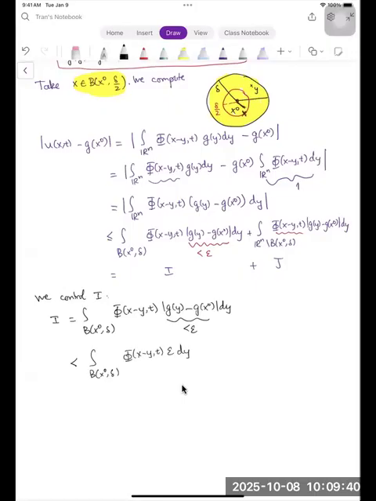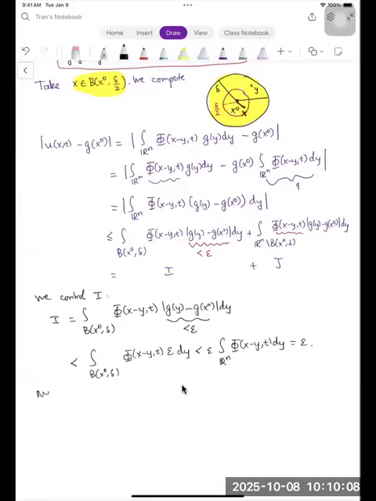And epsilon is a constant I put out, so this is less than epsilon times the integral. I'm going to use the integral on the whole space, because this ball is just part of the space, and this equals epsilon. So you see that the first term is already less than epsilon, and it will go to zero when we let epsilon go to zero.